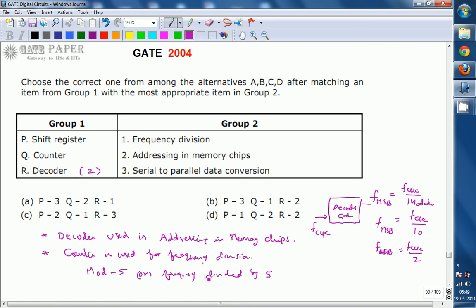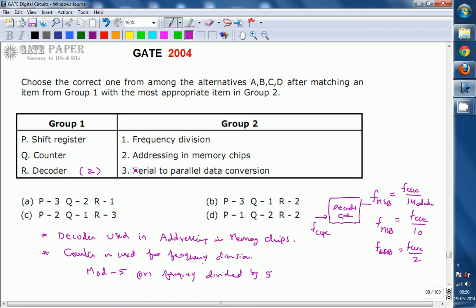A mod 5 counter has 5 unique states, so it can be used for frequency division. If you want to divide the frequency by 5, you must use a mod 5 counter. If you want to divide the clock frequency by 7, you must go for a mod 7 counter. In this way a counter can be used for frequency division.